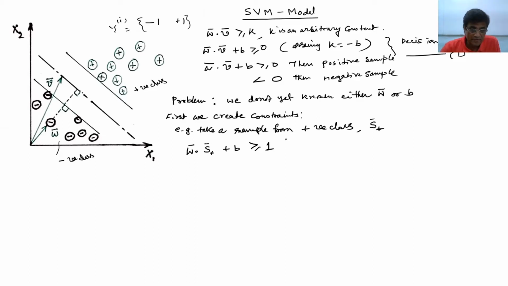This constraint will be valid for any positive samples, right? If the samples belong to class 1, then this is the constraint which has to be obeyed always.